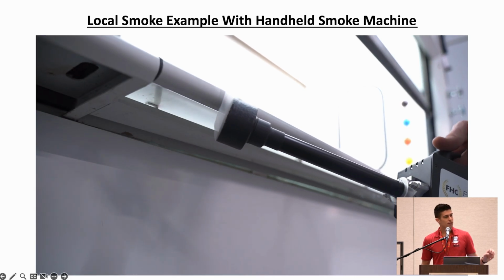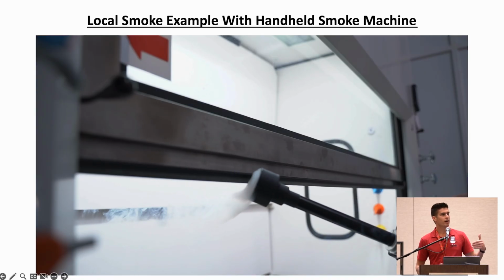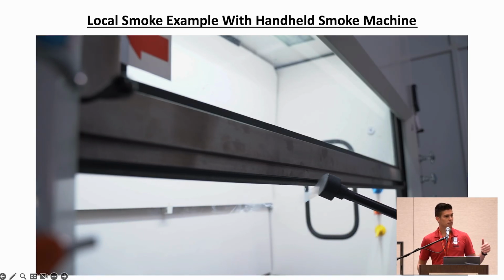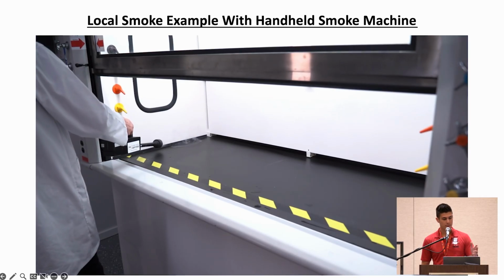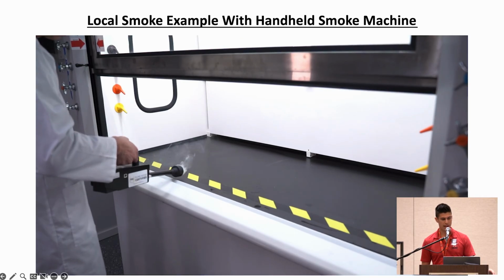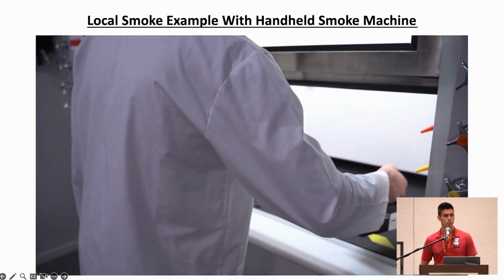So with the zero ejection velocity, you have the ability to actually tell if that fume hood has the proper airflow, if it's sucking in the right direction, et cetera, et cetera. So this is a little example of what it would look like to do a smoke test with a handheld unit like this. Again, puffer bottles work well.